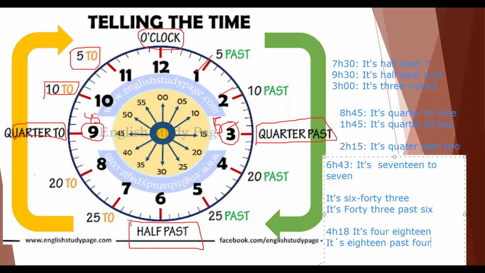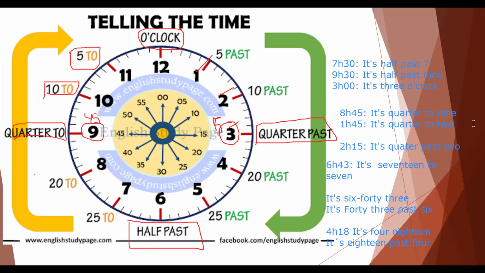Después del half. Ahí podría usar el to, pero entre el minuto 5 al minuto 25 vamos a usar past. It's 18 past 4. Ahí les dejo. Ok. My drawings. Oops.